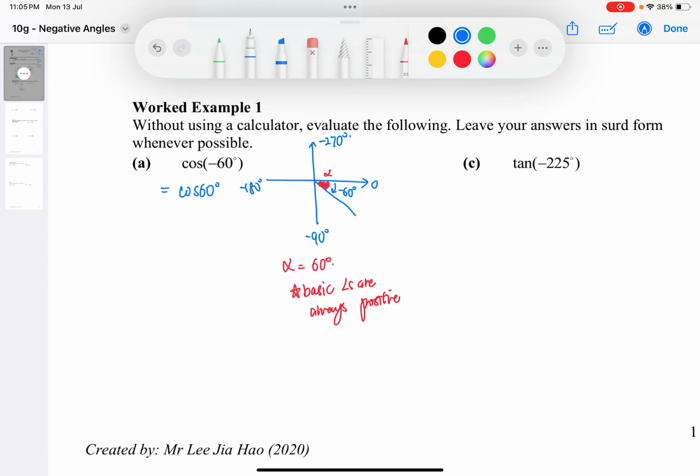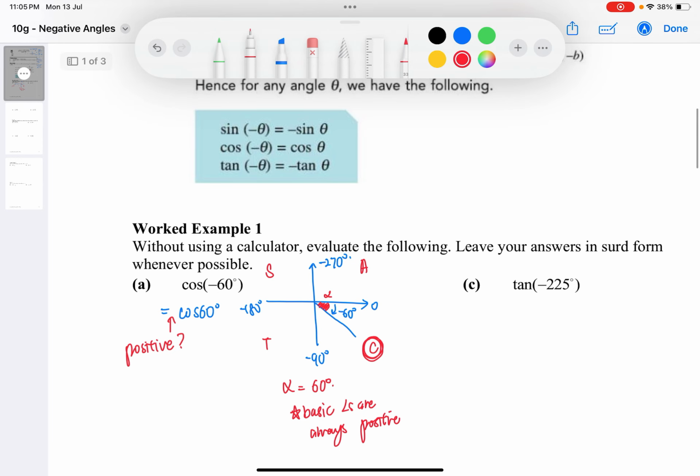So now cosine negative 60 will just be cosine 60. Why is this positive? Because of the four quadrants ASTC, in the fourth quadrant, cosine is positive. That matches this formula here. Can you see that?